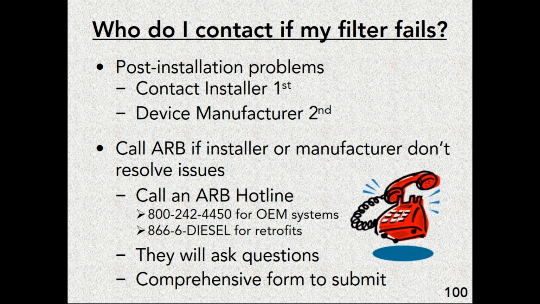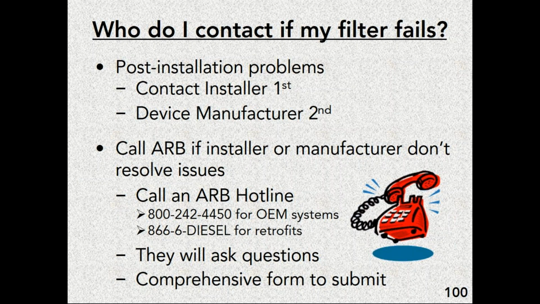But if those avenues don't work for you, if you're not getting redress for the problems you're having with the filtration system, then we do have a call line that you can talk to somebody or at least file a complaint. There is a form that needs to be filled out, and it is an application.